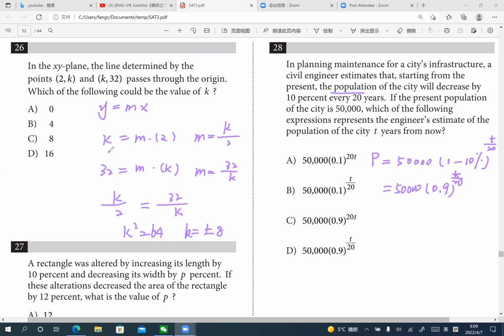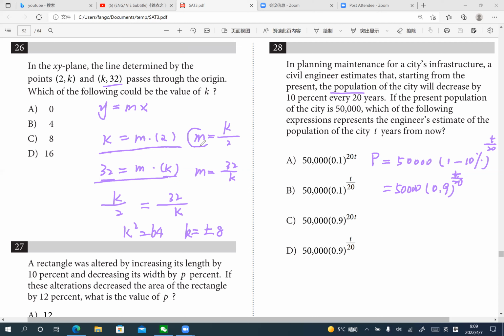So the first one, k equals m times 2. And the second one, 32 is the y coordinate and k is the x coordinate, so 32 equals m times k. From the first equation, we have m equals k divided by 2. And from the second equation, m equals 32 divided by k.